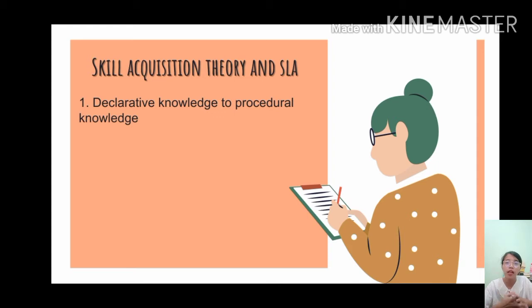So declarative knowledge, in the second language acquisition context, refers to the explicit mental representations of language items that may include word definitions or grammar rules. Whereas procedural knowledge refers to the knowledge about how to perform cognitive operations such as producing language with less or no effort by accessing items stored in your long-term memory.